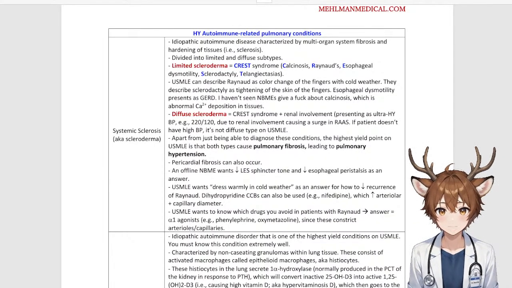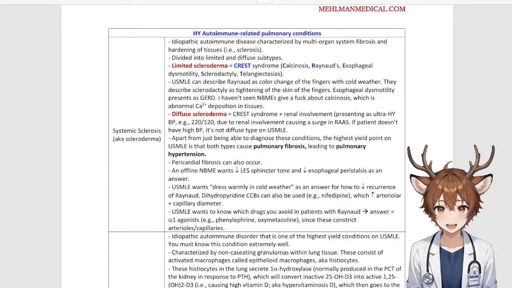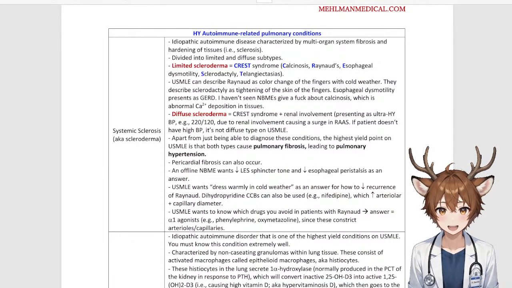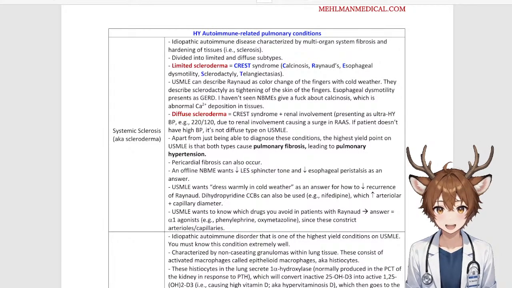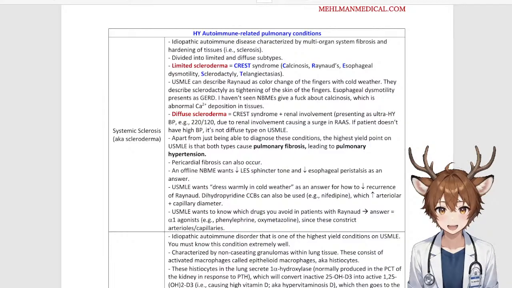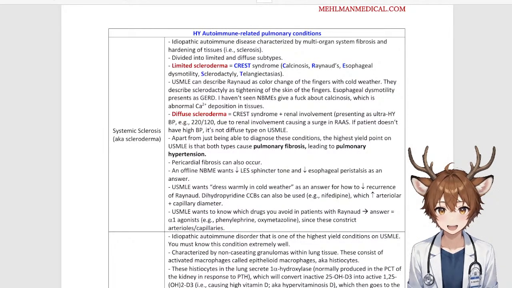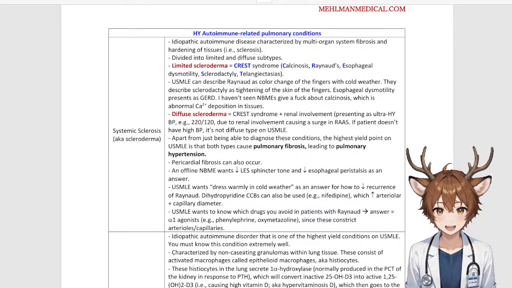So let's continue. High-yield autoimmune-related pulmonary conditions. Systemic sclerosis, aka scleroderma. Idiopathic autoimmune disease characterized by multi-organ system fibrosis and hardening of tissues, that is to say, sclerosis, divided into limited and diffuse subtypes.